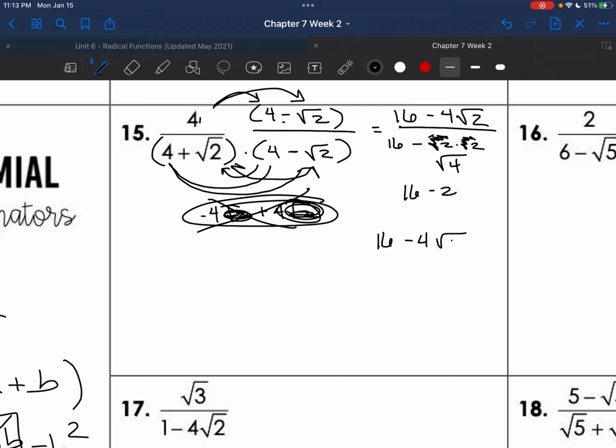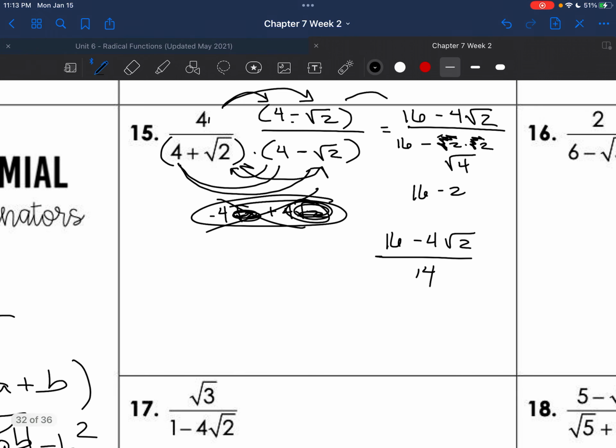So my top stays 16 minus 4 square roots of 2 over 14. Okay? Now, we would like to just leave that. It's not as easy as that. Okay? So, same rules that we've had before, and sometimes this is why I do not multiply these out first.